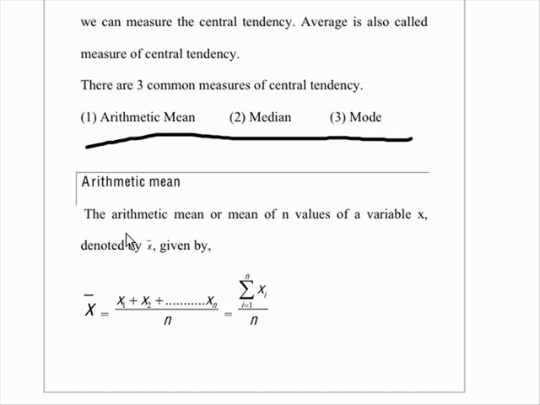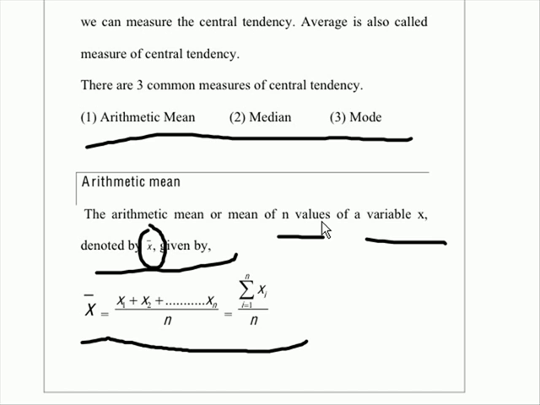Arithmetic mean is essentially the mean or the average. The arithmetic mean of n values of a variable x is denoted by x and a line on the top like this, and is given by the formula. You simply add all the values here and then divide by the number of observations, and in mathematical notation it is given by this sigma.